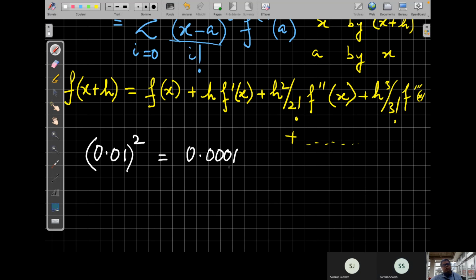If I have a still smaller number, say 0.001 and square it, again it will become 0.000001, something like this, isn't it? Yes, sir.